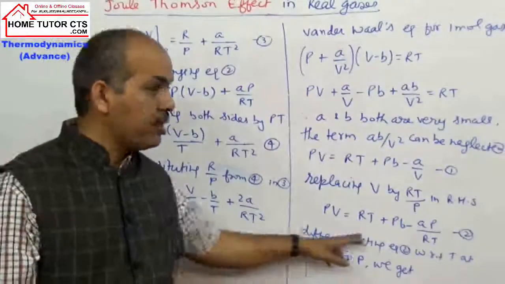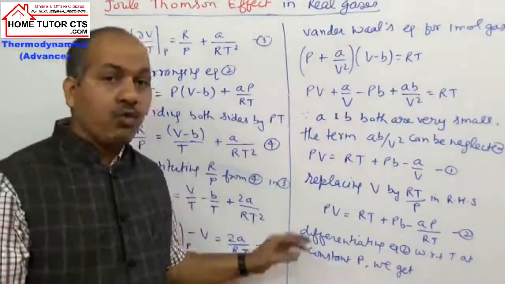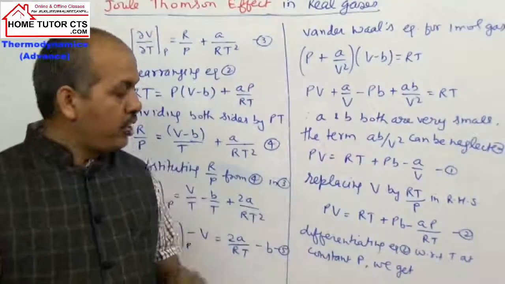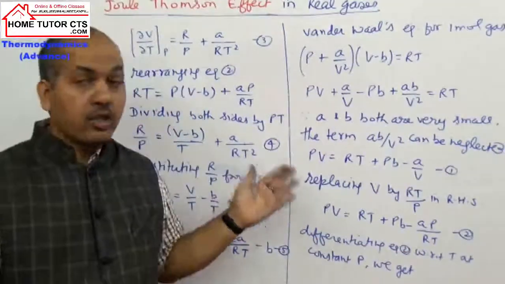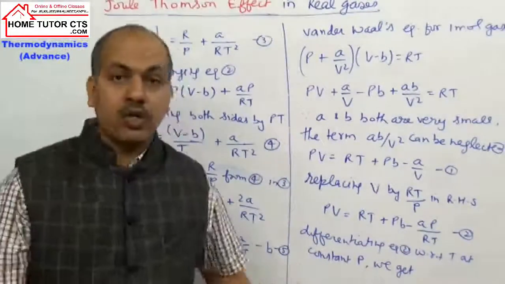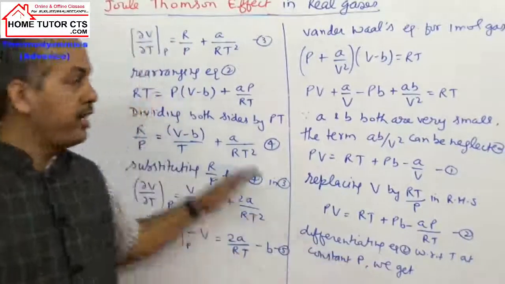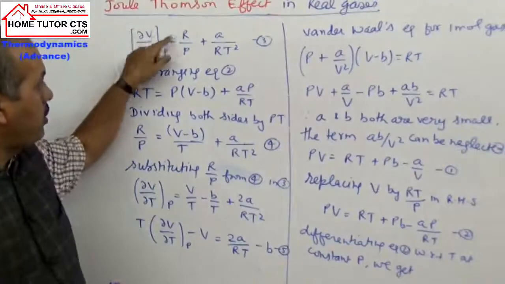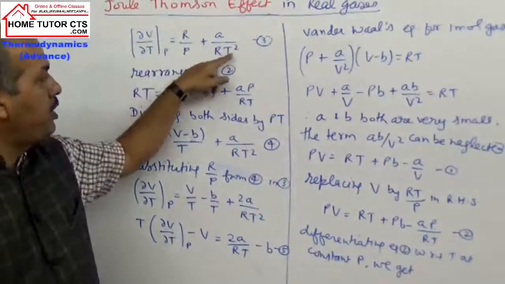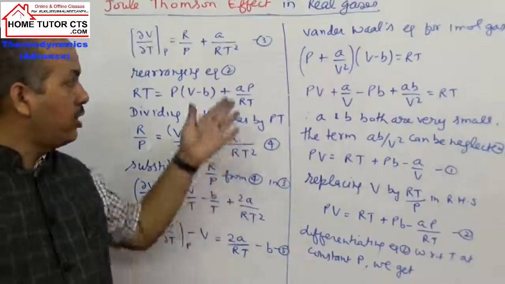On differentiating equation number 2 with respect to temperature at constant pressure, what equation do you get? In this form, del V by del T at constant pressure equals R upon P plus a upon RT square. It is equation 3.